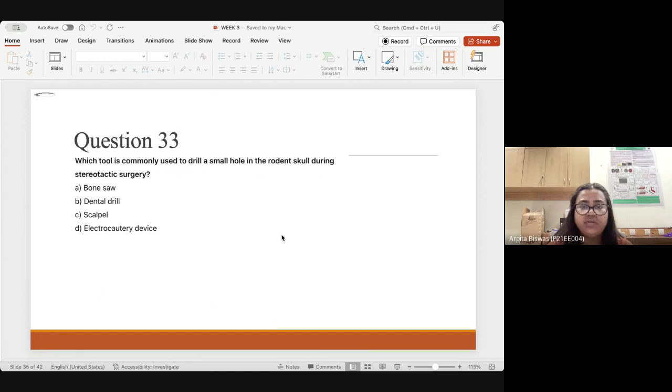Which tool is commonly used to drill a small hole in the rodent skull during the stereotactic surgery? Bone saw, dental drill, scalpel, or electro cautery device? So, which one is the right option? No, option D is not the right answer.